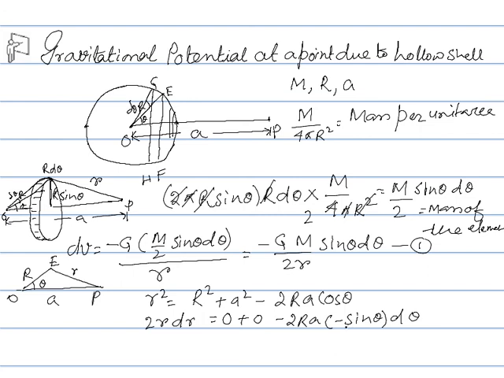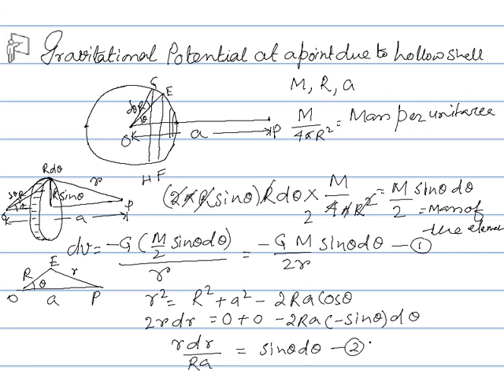So we have sin theta d theta equal to r dr by Ra. This is equation number 2.